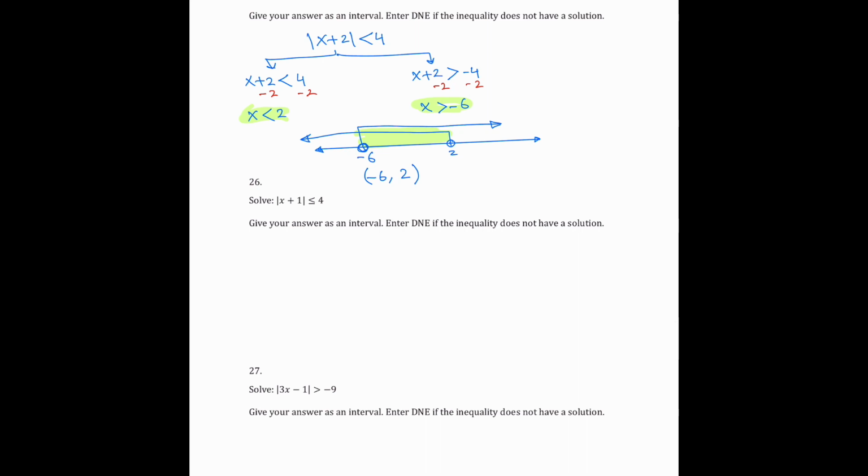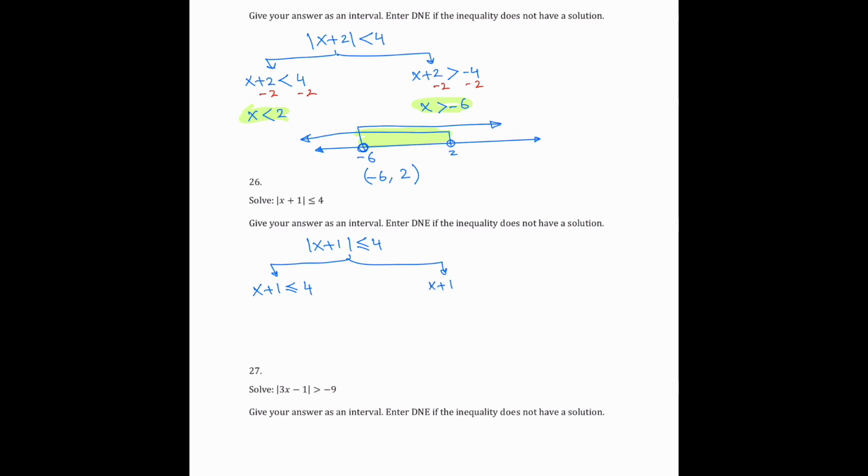Question number 26. We're going to have the absolute value of x plus 1 is less than or equal to 4. We're going to split it. Keep the side, keep the sign, and keep the sign of the number.